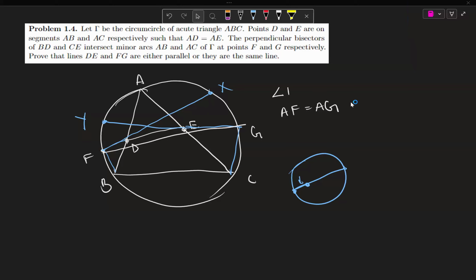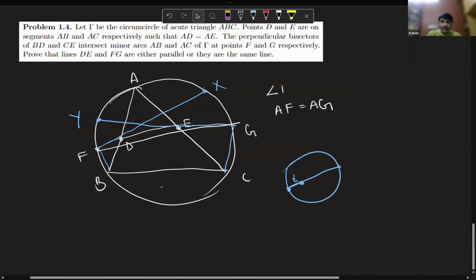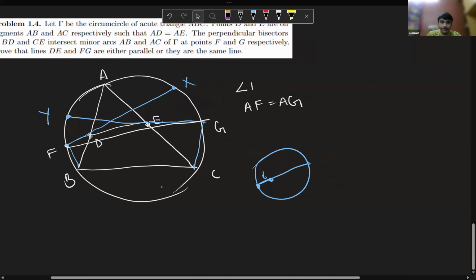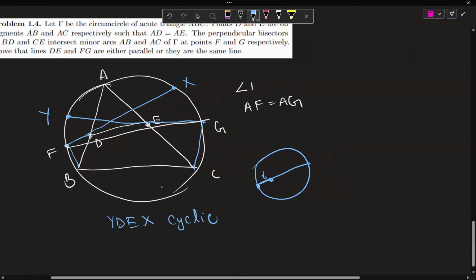We can say that YDEX are cyclic. Okay, so you said YDEX cyclic. Do you want to show that, or did you prove that? I proved that. We know that angle XFG is equal to angle XYD, correct?